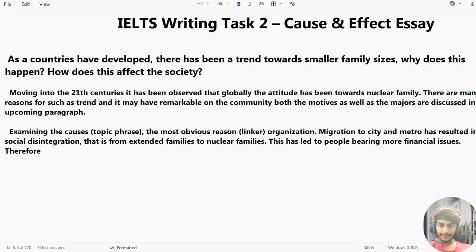Therefore, both the parents have to work, which means smaller families.